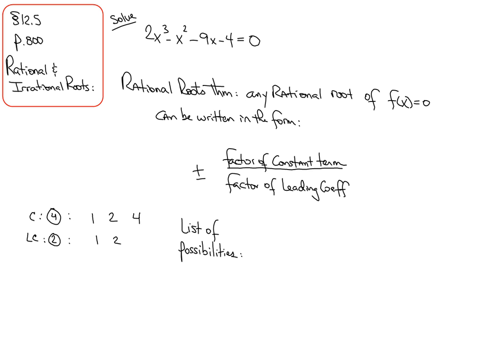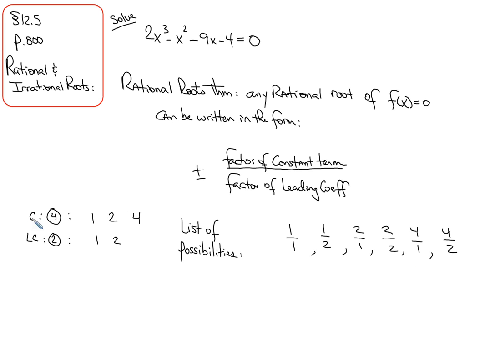So what we're going to do is make a list of possibilities. I have to take each of these and divide them by each of these. So I have 1 over 1, 1 over 2, 2 over 1, 2 over 2, 4 over 1, and 4 over 2.